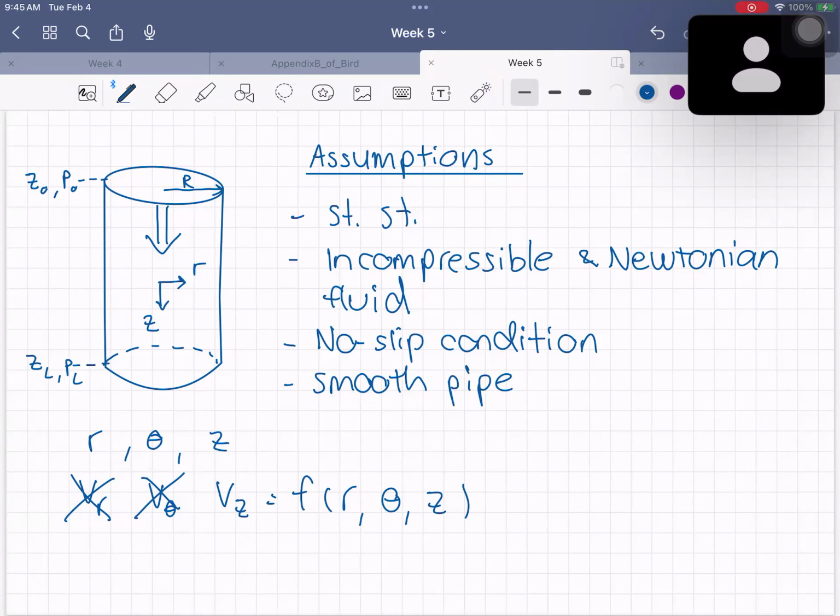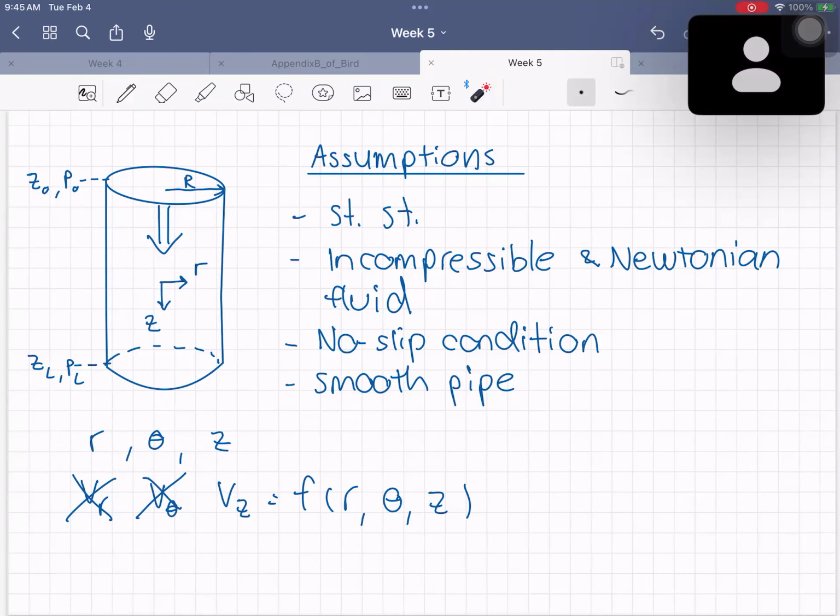It means that if you choose different r's, you still have the same Vz, the same velocity. If you're focusing on the middle of the pipe, you will have one Vz. But if you move further to a different r, do you still have the same Vz? If it's the same, that means that Vz is not a function of r.